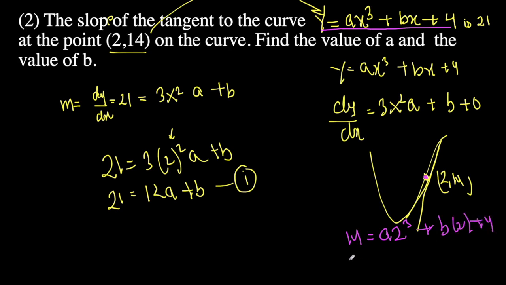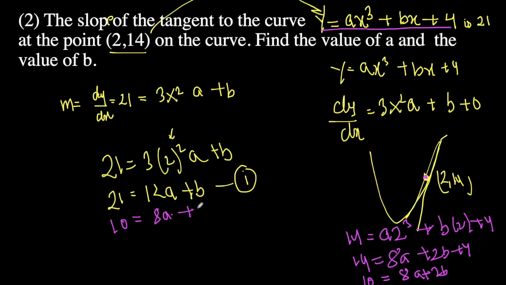Let's solve this one. 14 is equal to 8a plus 2b plus 4. I will bring this 4 here, so it becomes 10 is equal to 8a plus 2b.